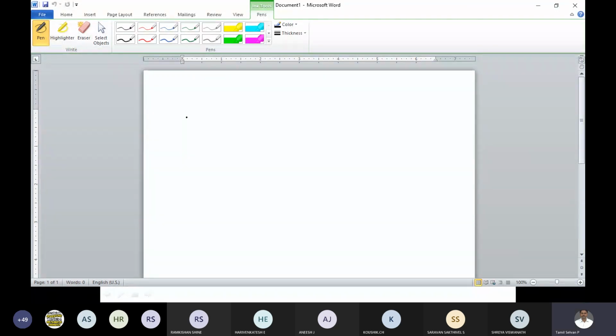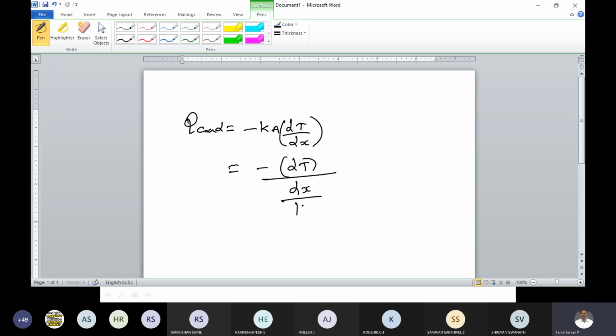We know that Q conduction is minus KA dT by dx. Am I correct? Yes, sir. Or we will be writing this as minus dT divided by dx divided by KA.